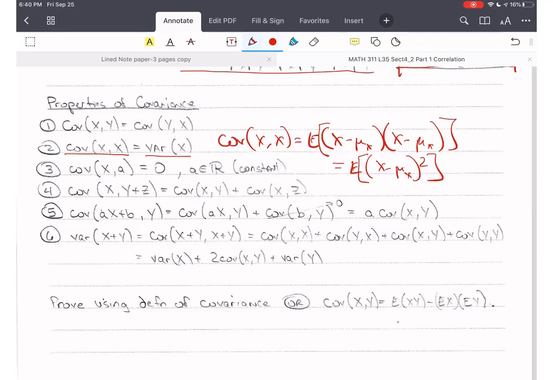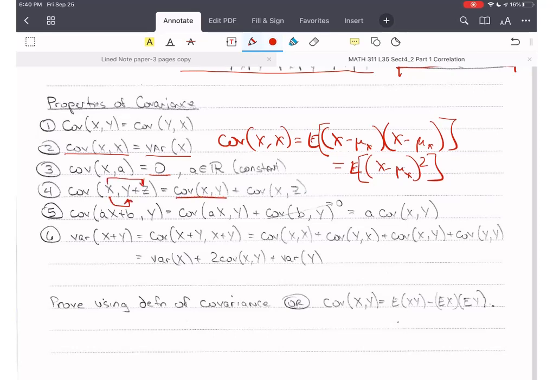Now the covariance of X with a constant, a, is 0. And here's something to know: the covariance of X with Y plus Z works like distributing. I take X with Y, and then I take X with Z, and I add.